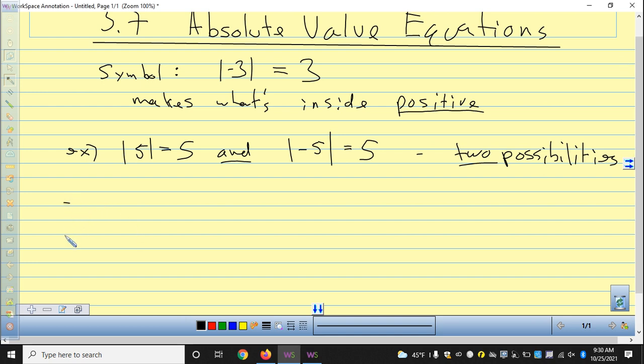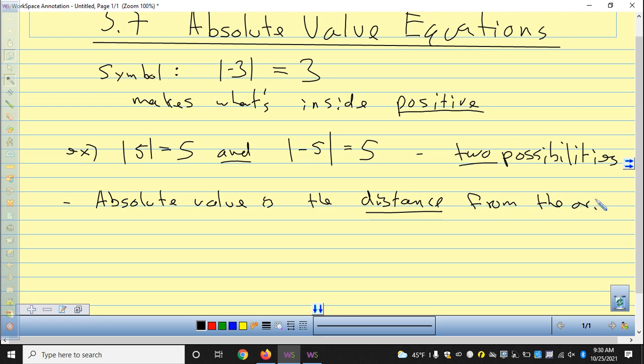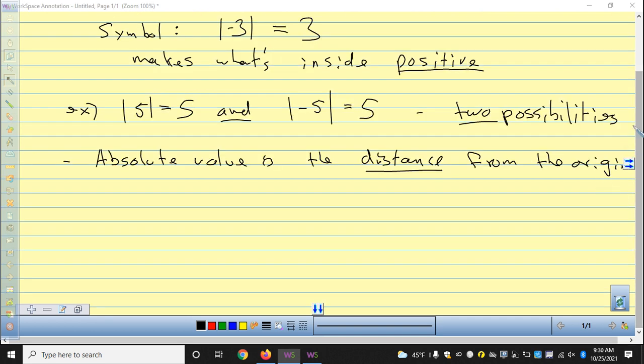We can think of the absolute value as the distance from the origin. So if I draw this on a number line, there's 0, 1, 2, 3, 4, 5. 5 is 5 units or 5 spaces from 0.